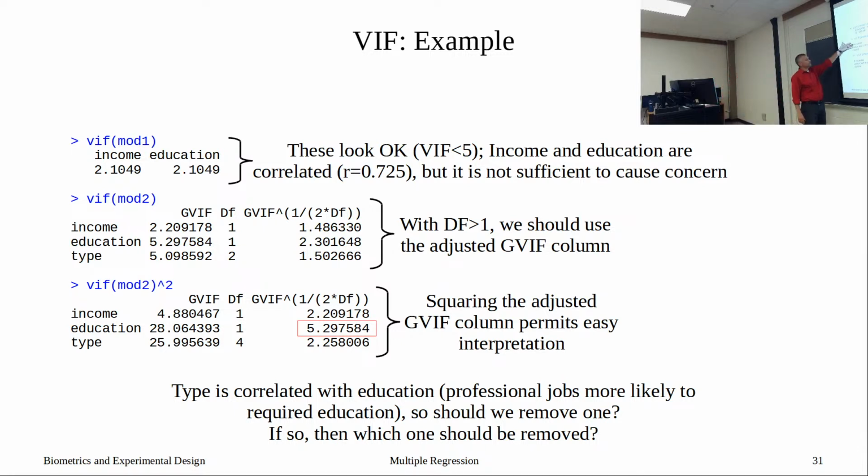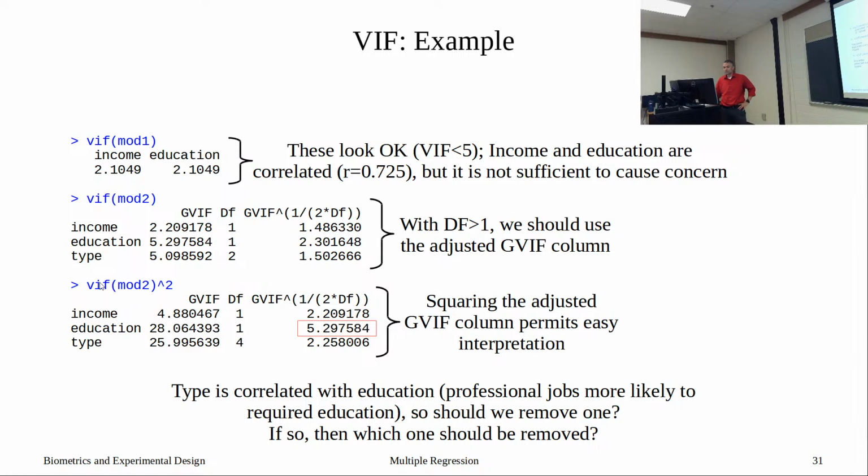Now you can see we have a couple different things that get reported. We've got that generalized variance inflation factor. It's getting reported because we have one variable that has more than 1 degree of freedom, because it has factors in that model. So the column that we're interested in is this one, but we're not looking at the raw numbers. Rather, we want the square of that number.